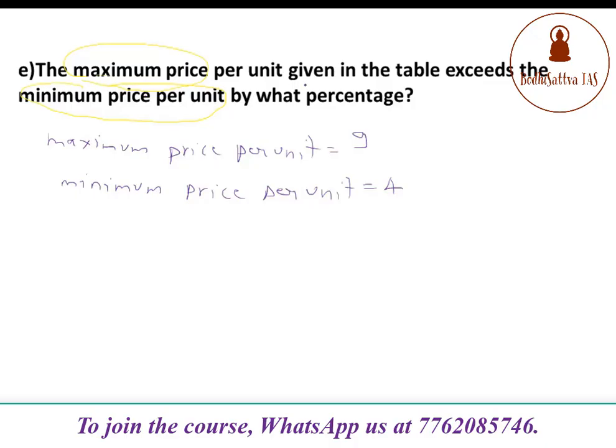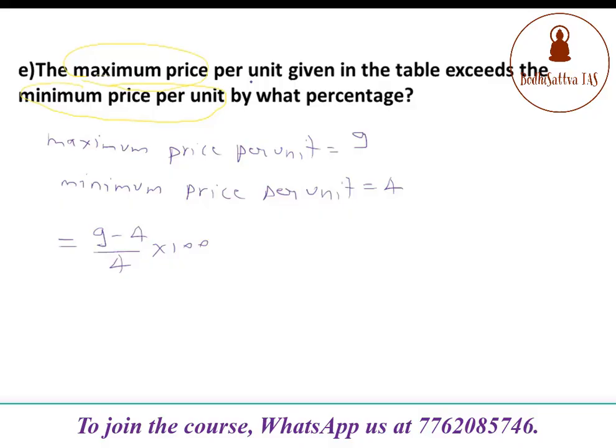The maximum price per unit given in the table exceeds the minimum price per unit by what percentage? So it will be 9 minus 4 over 4 times 100.